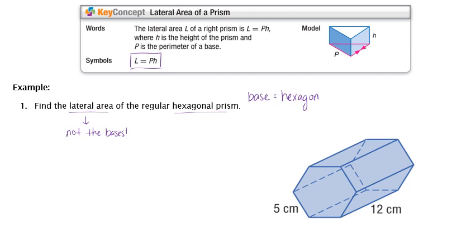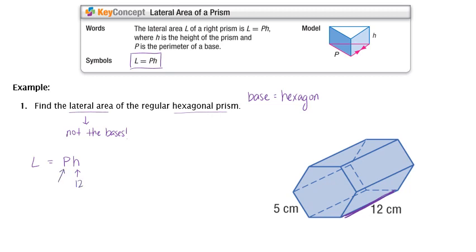So we are thinking about our formula, lateral area is equal to the perimeter times our height. Our height is the length of the altitude, which is also the perpendicular distance between my bases. I'm given this altitude here, which has a measure of 12, so height is 12.